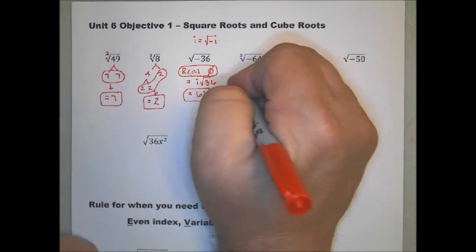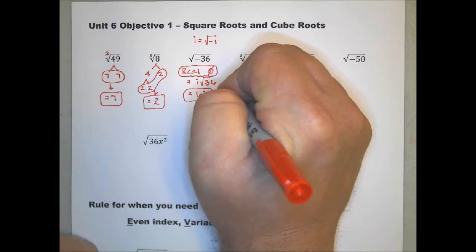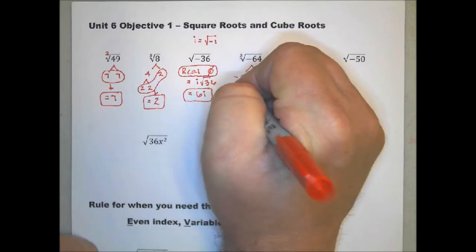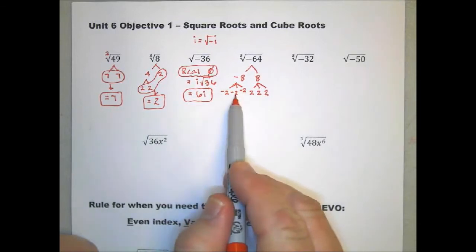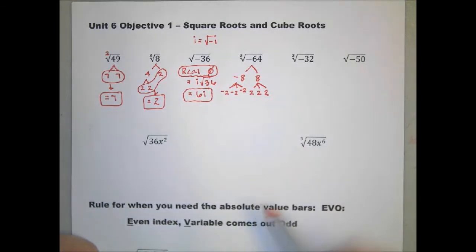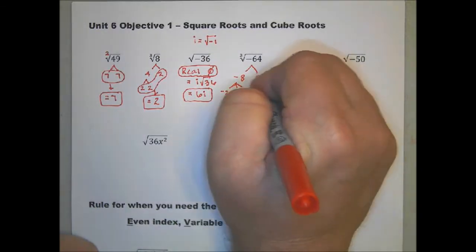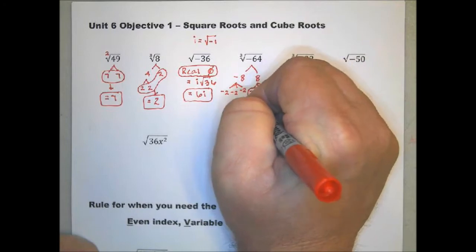Now, how about negative 8? Well, negative 8 is negative 2 times negative 2 times negative 2. Because negative 2 times negative 2 is positive 4, but positive 4 times negative 2 is negative 8. So what have we found? We have found a grouping of 3 2s, so we get one of them.